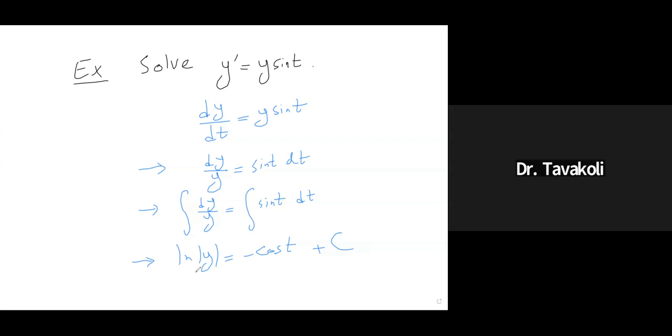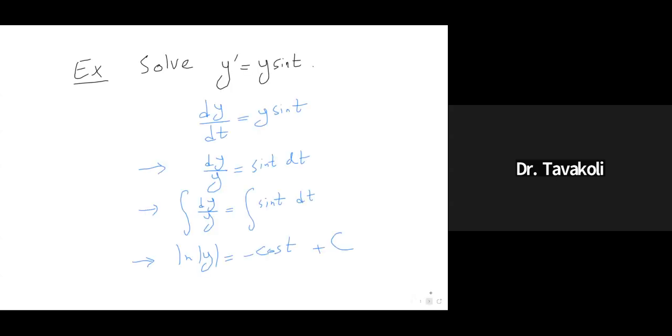To solve for y and get rid of that ln, we can raise e to the power of both sides. In other words, e to the power of ln of absolute value of y is equal to e to the power of minus cosine of t plus c.